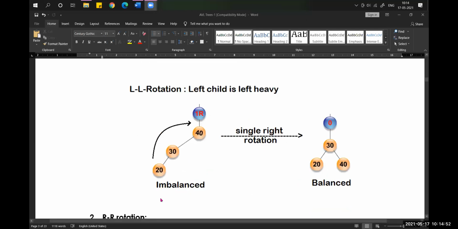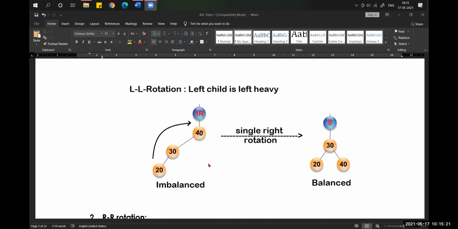Now this is just a pictorial representation for LL rotation. When the problem is LL, what should we do? We have to do a single right rotation. When the tree has this LL problem, we have to do a single right rotation. This is what I just explained.